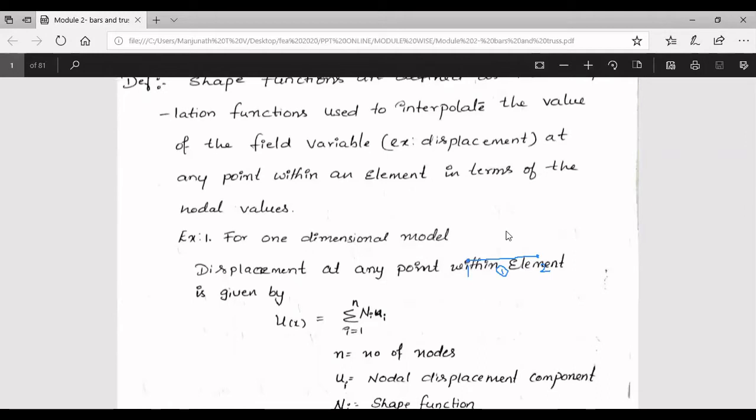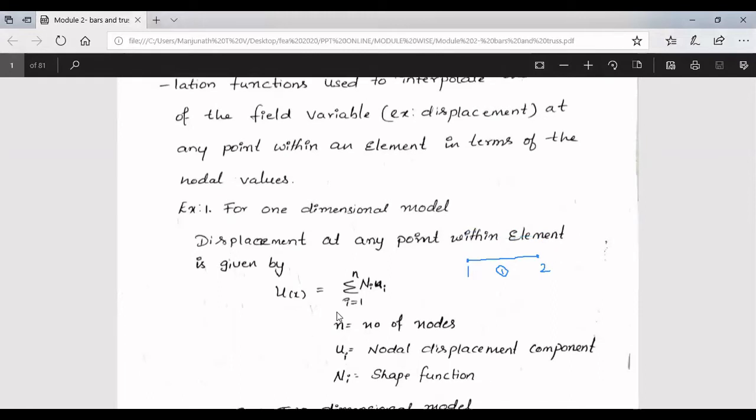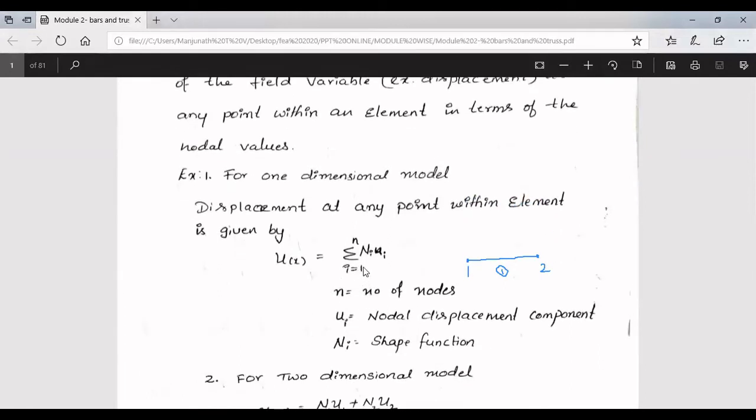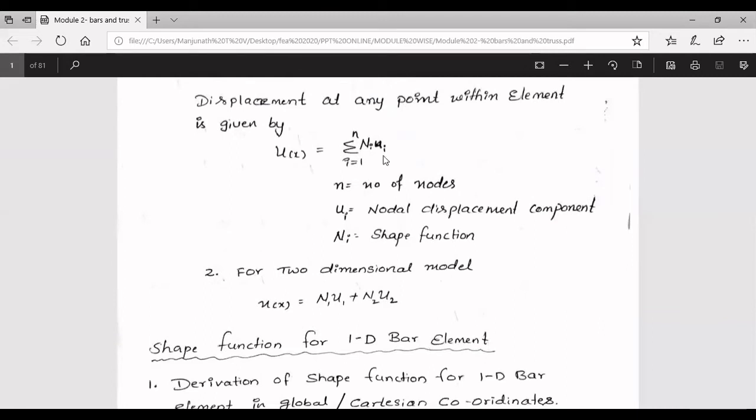For this one-dimensional model, the displacement at any point within an element is given by u of x equals the summation of i equal to 1 to n of Ni ui, where n is the number of nodes, ui is the nodal displacement component, and Ni is the shape function. This is for the one-dimensional case. Similarly, for the two-dimensional case, it will be u of x equals N1 u1 plus N2 u2.